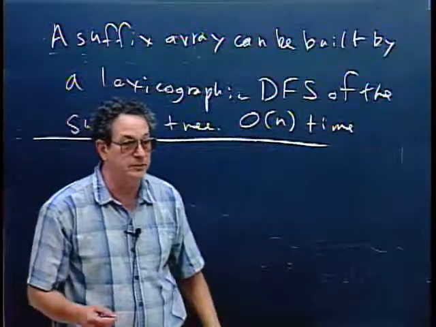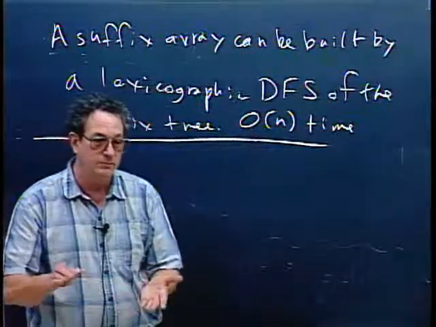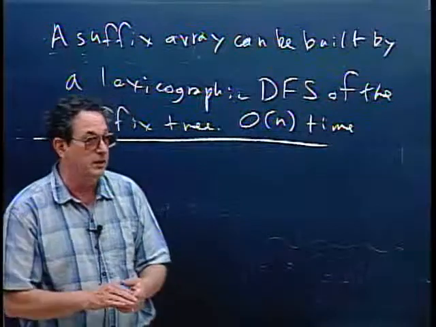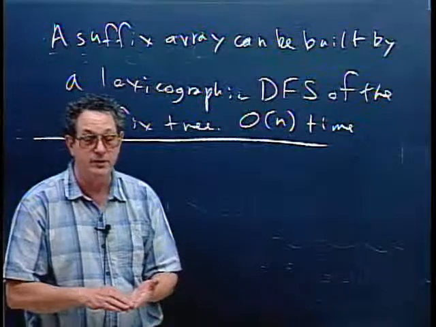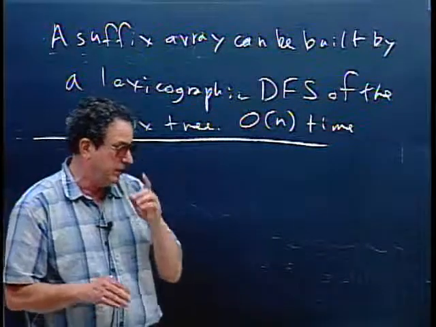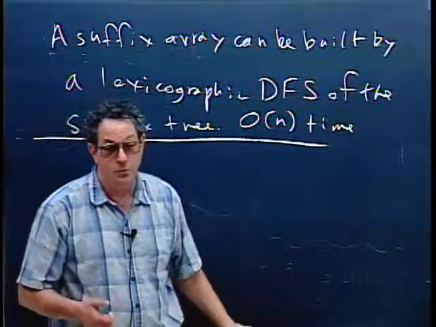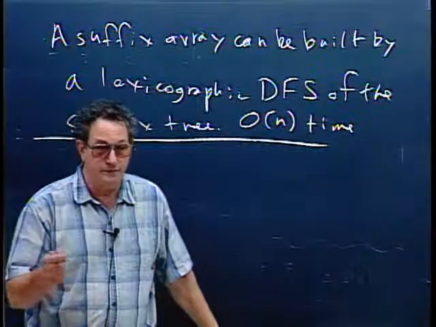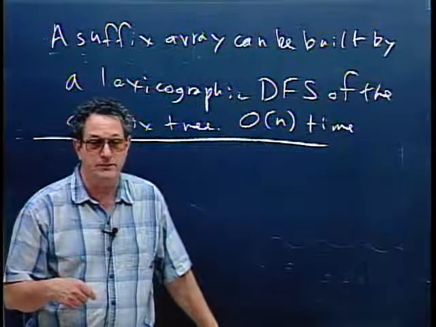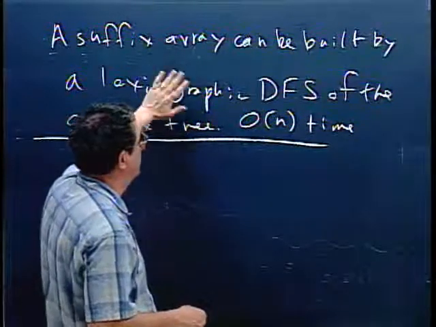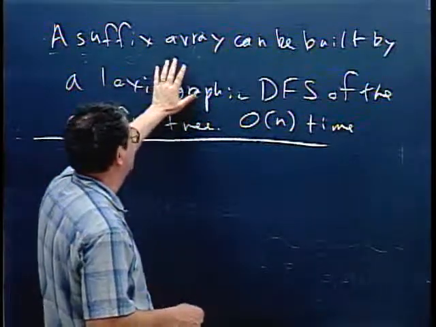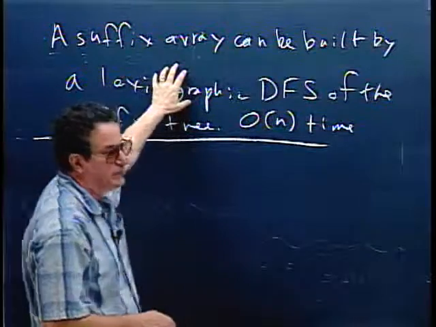Could you build a suffix array just by using a couple of arrays, let's say? You have the space for the string itself, and if you allow yourself another couple of arrays, say, or one more array even, of that basic size, could you still build a suffix array for the string? So it's not fair to build a suffix tree first.